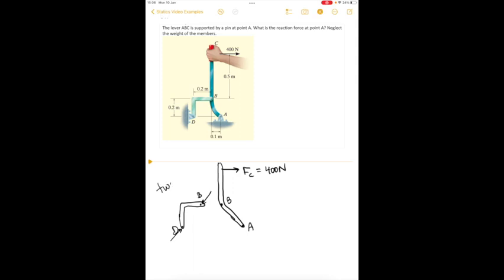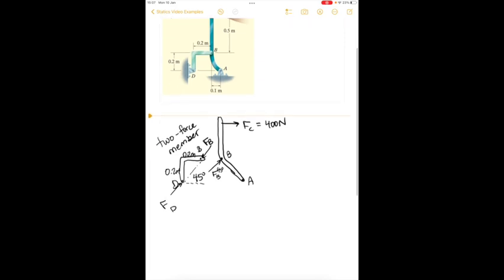Well, because it's a 2-force member, that force D and force B, they have to equal each other and be in line. So because the dimensions of this are 0.2 meters and 0.2 meters, we know that this angle is 45 degrees. So this allows us to simplify this problem because we know that the reaction at B is oriented at 45 degrees.